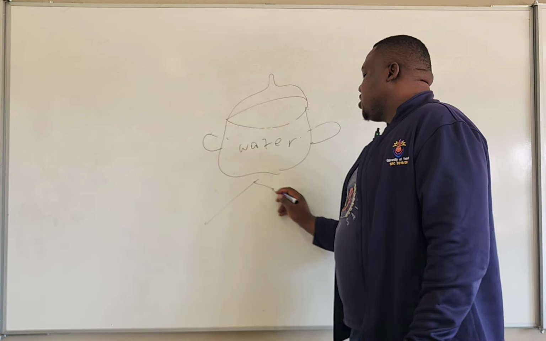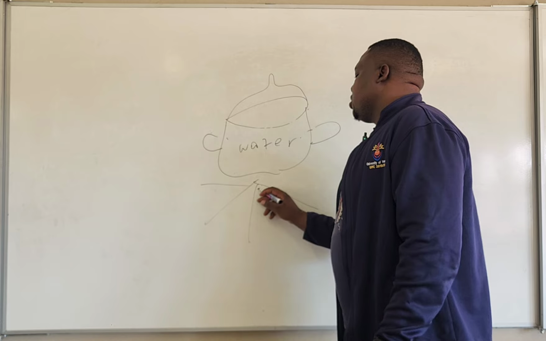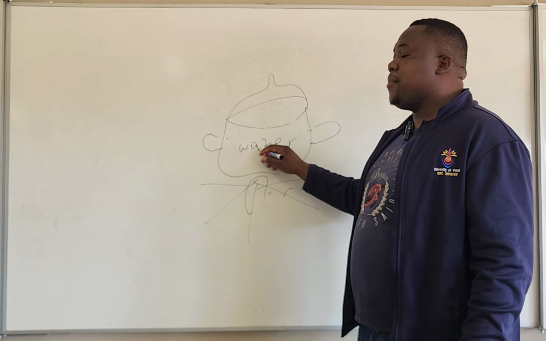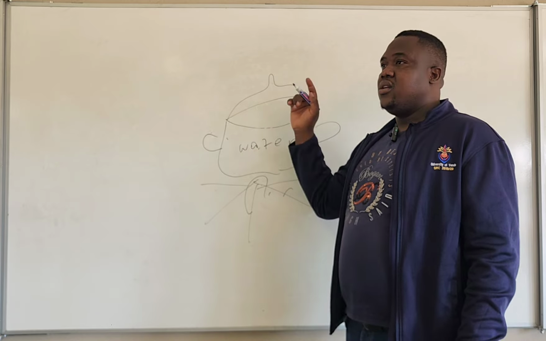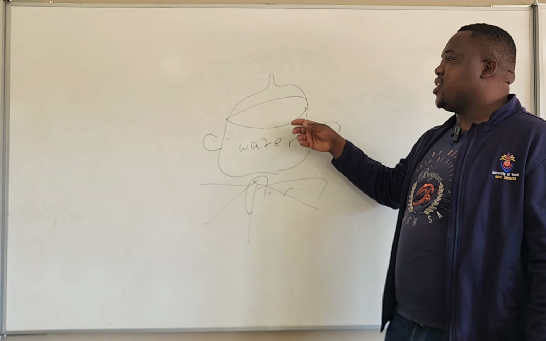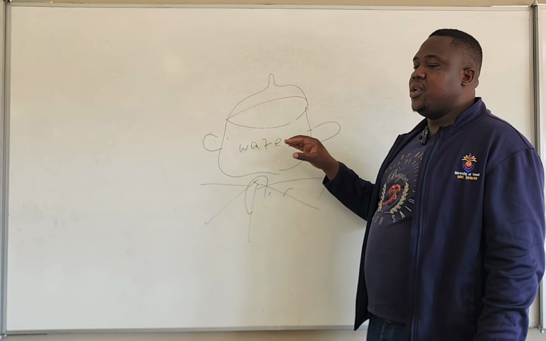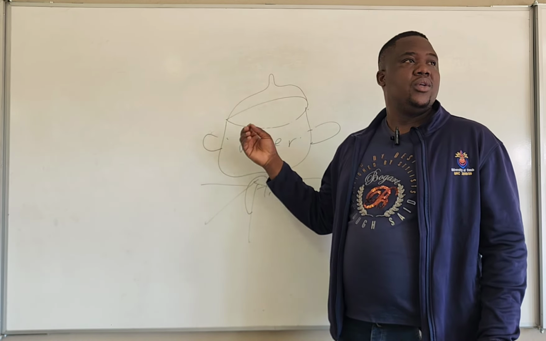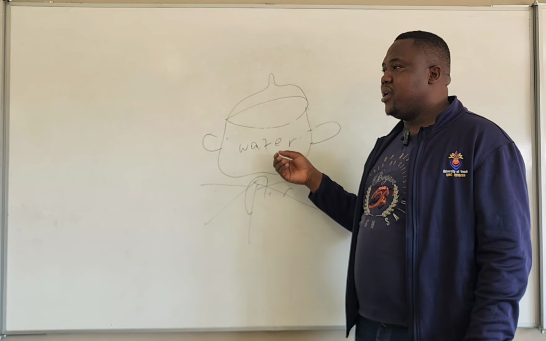Then there is fire. This is firewood. Then the temperature of the water is going to rise. As this temperature starts to rise, water will reach a point where it will start to boil. You will see our water boiling.